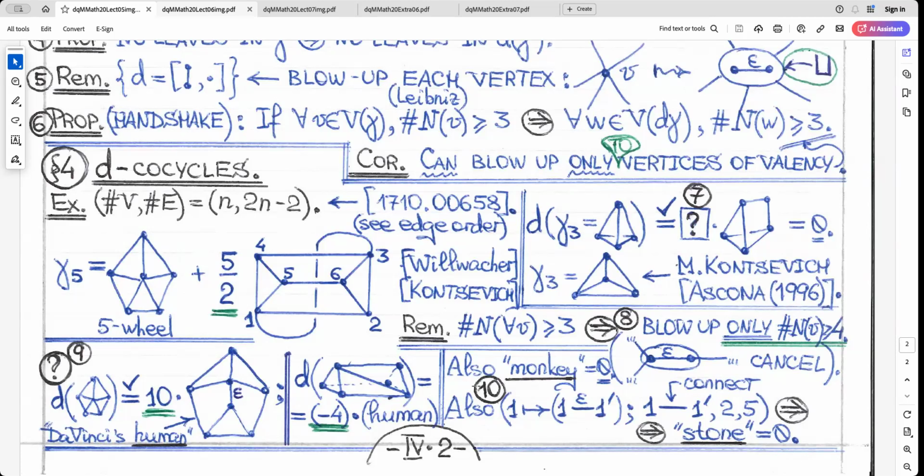Let us have an example. The first example was known to Maxim Kontsevich initially in the Ascona paper from '96. It is the tetrahedron, or the wheel with three sides. Its differential is zero. Count yourselves how many graphs we discussed.